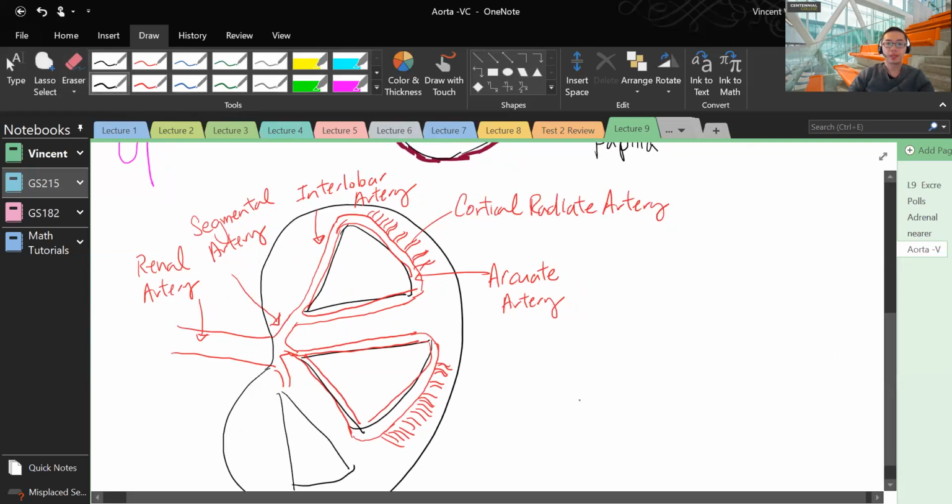All right. So I'm just going to take out a slice so that we can draw it a little bit better and give it a little more detail. This is the renal pyramid.